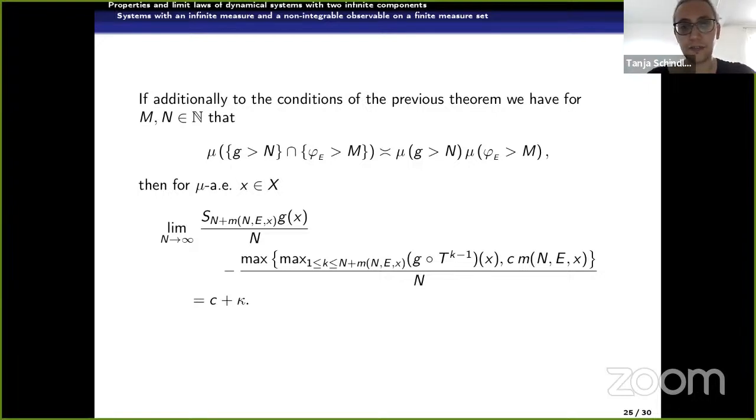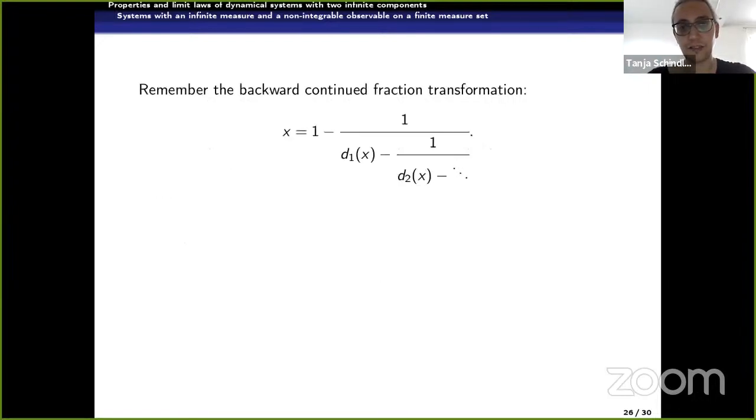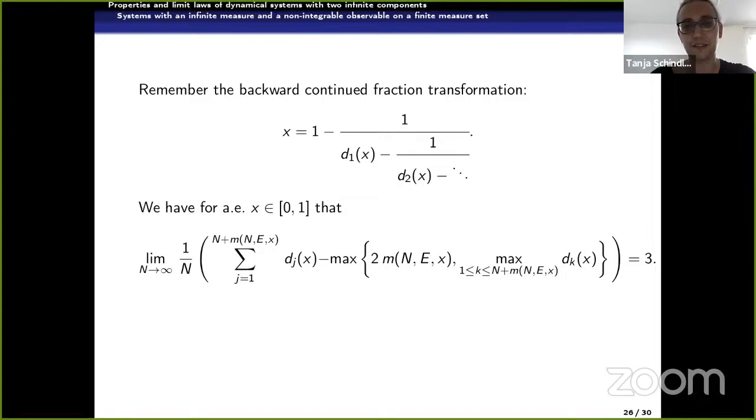So if we look at the backward continued fraction transformation, then we get the precise limit law also for the backward continued fractions. We could exactly apply our system to this setting and sum over the backward continued fraction, then delete possibly other terms and get a precise convergence to 3.